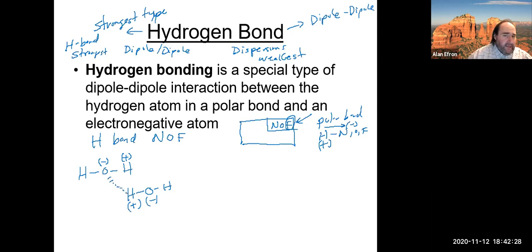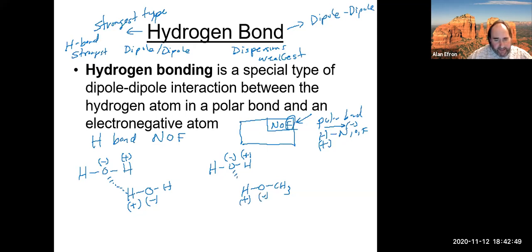through hydrogen bonding. Hydrogen bonding doesn't necessarily always have to occur between the same molecules. You could have water, for example, and something like methanol here. Methanol also has this OH group, which is positive and negative.